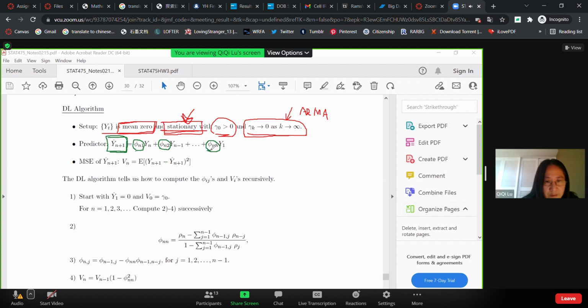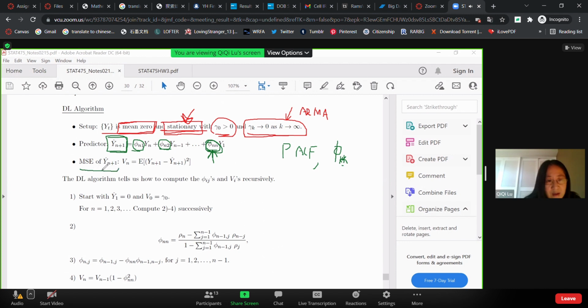I don't know if you remember our notation for the partial ACF: we use phi kk. All the coefficients here, this one, is just the partial ACF at lag n, so k equals n.